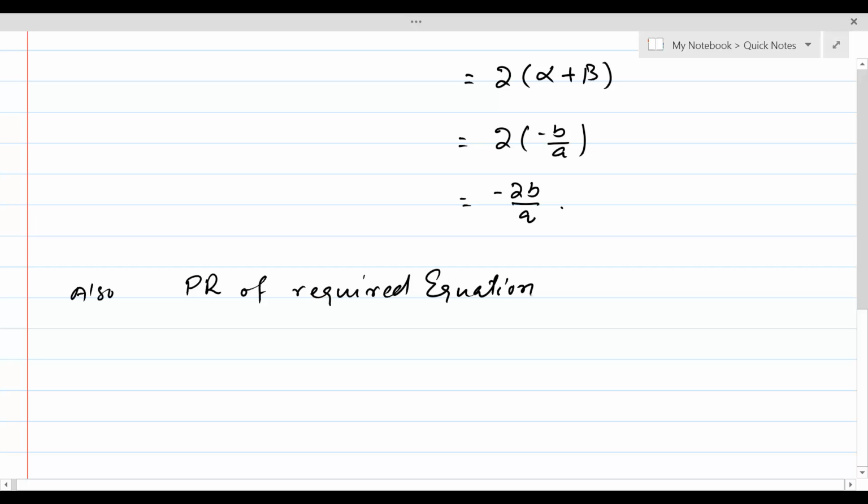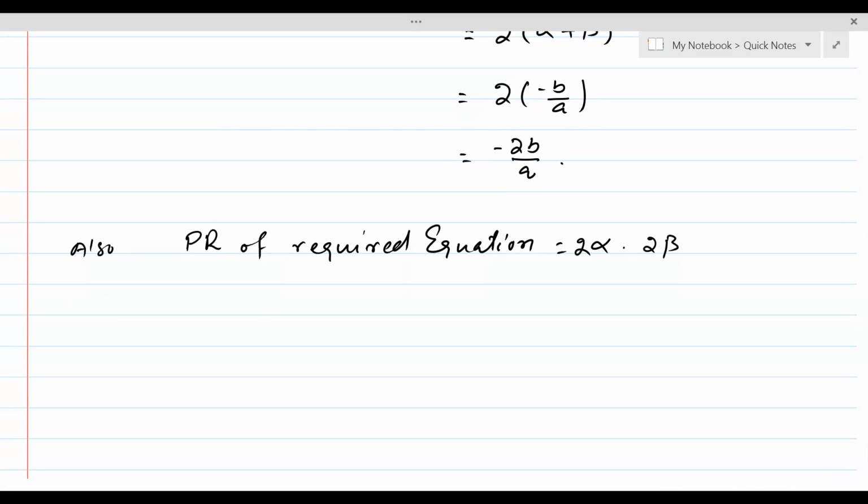That will be equal to 2 alpha times 2 beta, because 2 alpha and 2 beta are roots of required equation, so their product must be 2 alpha times 2 beta. So this is equal to 4 times alpha into beta, and if we substitute the value of alpha into beta from equation 2, this will be equal to c over a.